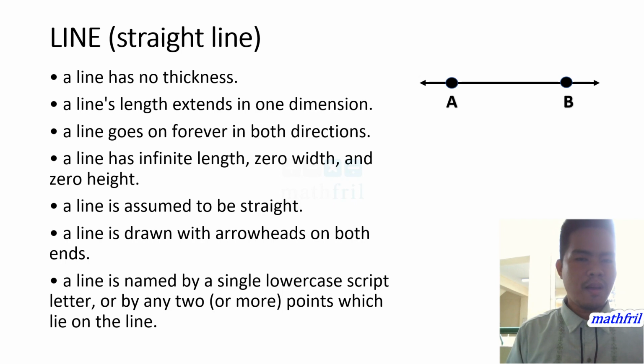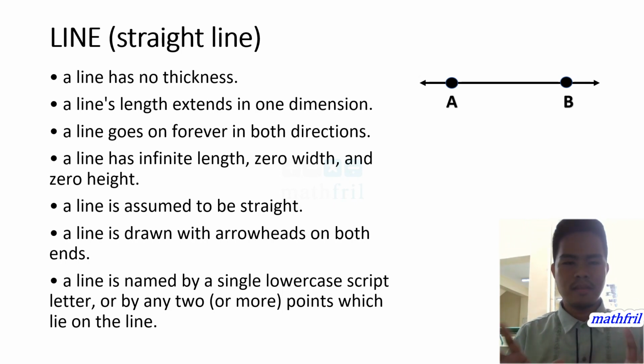A line goes forever in both directions. It should be extended, and it will not end. That's why it goes forever in both directions. A line has infinite length and zero width and zero height. So that's the concept of a line. A line is assumed to be straight. A line is drawn with arrowheads.